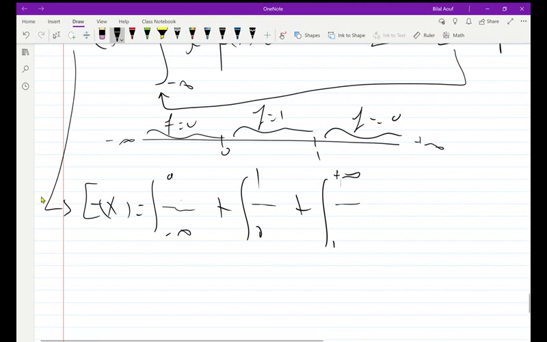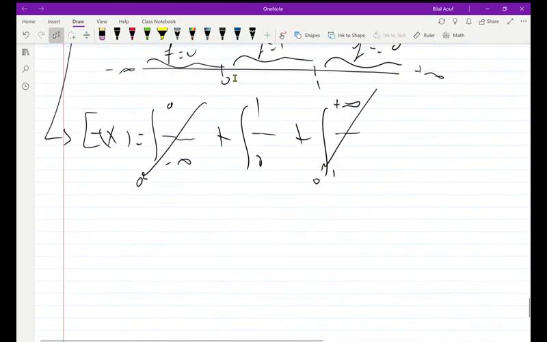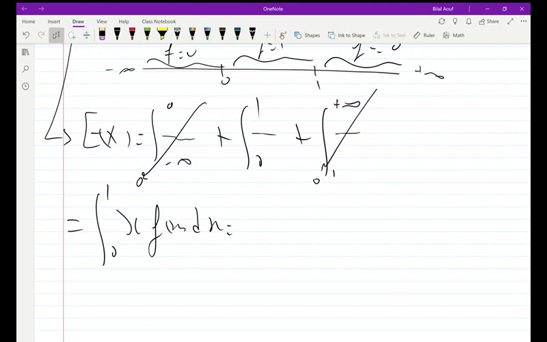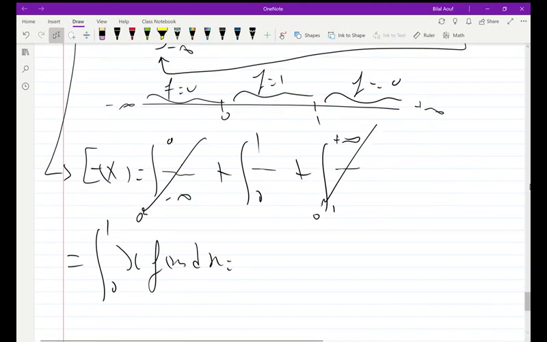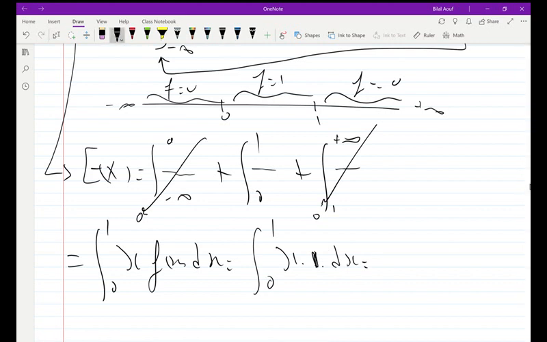Between minus infinity and 0, f is equal to 0, which means the integration is 0. From 1 to plus infinity is also 0. So the only part left is between 0 and 1: the integral of x f(x) dx. Between 0 and 1, f equals 1, so it is the integral from 0 to 1 of x times 1 dx, which is x squared over 2 between 0 and 1.